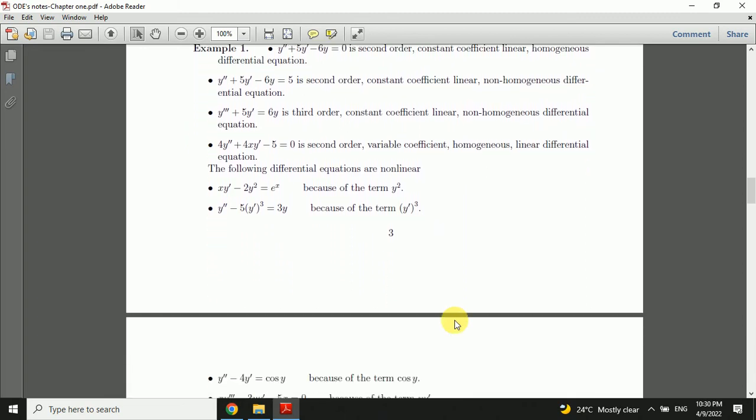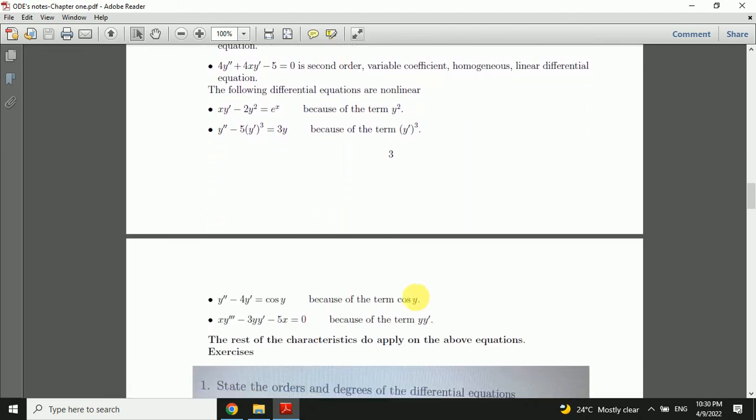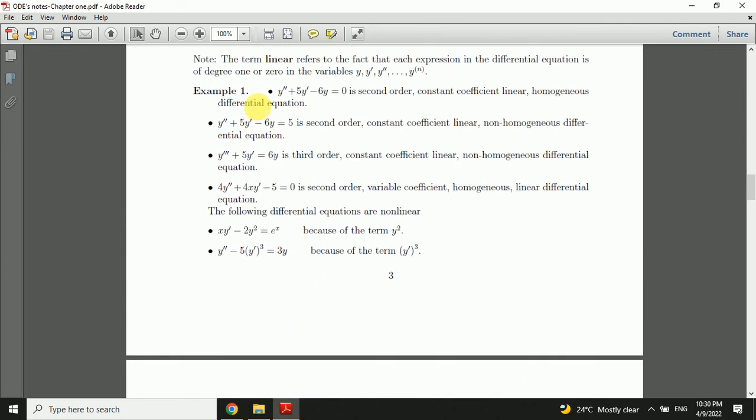And we also have that the following differential equations are nonlinear. Let's see. We have x y prime. Okay, y prime is raised to power 1, which is okay, because the definition says it should either be raised to power 1 or power 0.